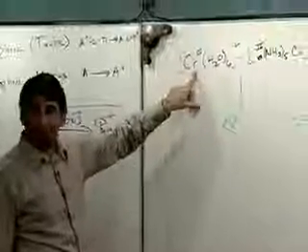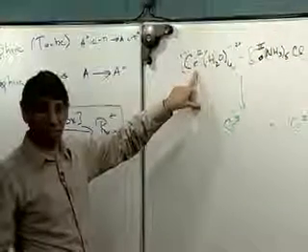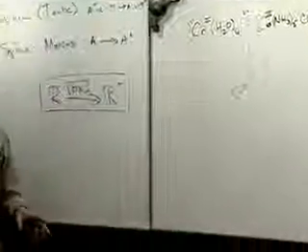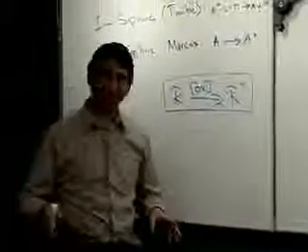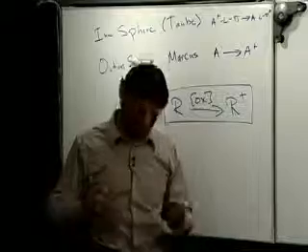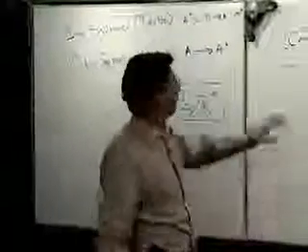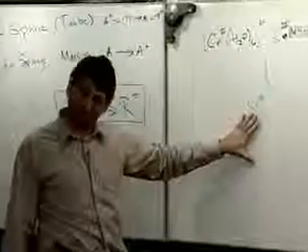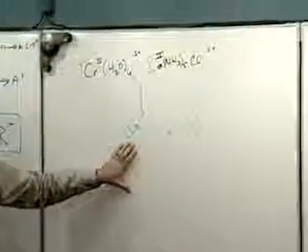Chromium-2 is a labile complex. It exchanges its ligands very, very rapidly. And Taube's definition of labile, which no one seems to use anymore, is that all the ligands fall off in 1 minute or less. So it changes its ligands very rapidly. Chromium-3 does not. Its ligand sphere is more or less locked into position.